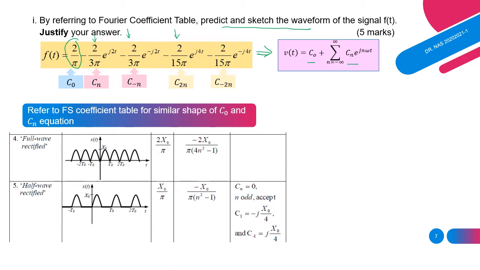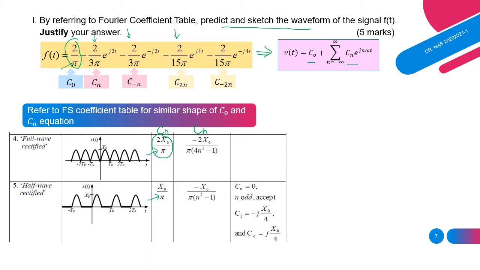From the table, these are the two signals that have C0 and Cn more or less similar to the equation shown. This column is for your C0 and this column for your Cn. If you look at the C0 of the full wave rectified signal, you have the denominator as pi, same goes for this and this.